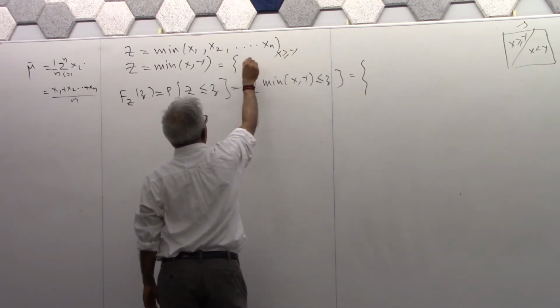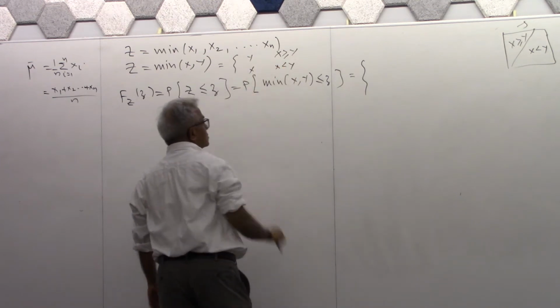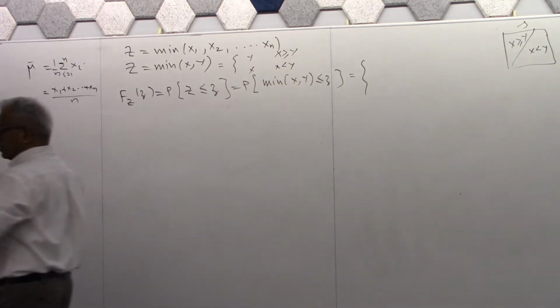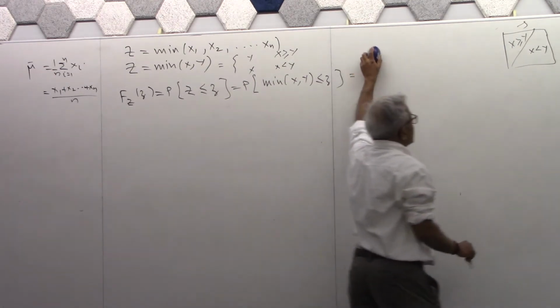Anybody? It's just y. And if x is less than y, x. So we should be able to, so that becomes linear. So the question is, how do we bring in that one?